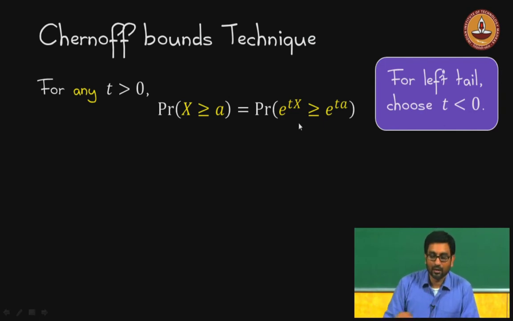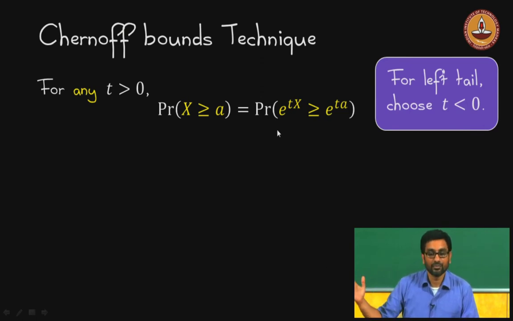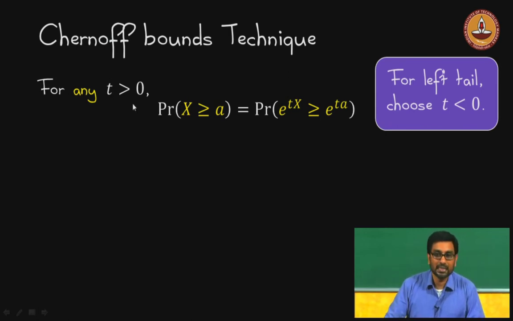And the nice thing here is now for the right tail, this is what we have here is the right tail. We were asking what is the probability that x exceeds some value a, and that is giving you the right end of the tail. For the left end of the tail, all you need to do is pick a t that is less than 0.